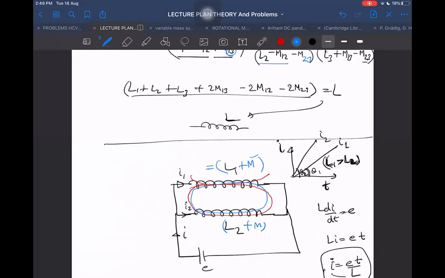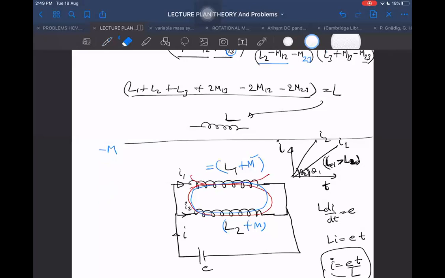We can keep on assuming first that all these are supporting each other, with all M's having a positive sign. If somebody finds that these were opposing each other, then at last we can replace M by minus M, and we will still get the answer. So no need to worry that much.